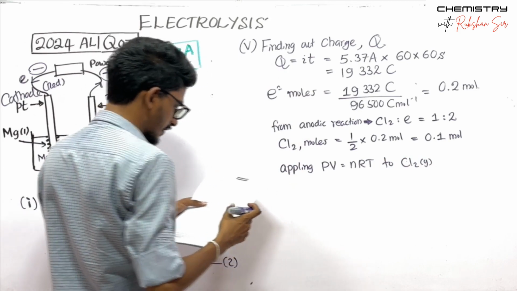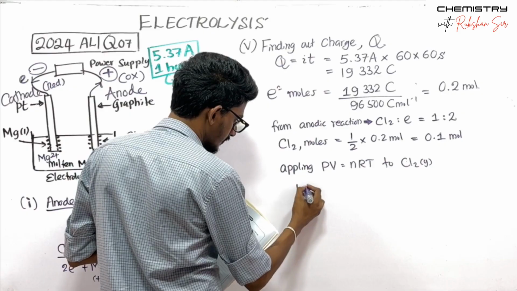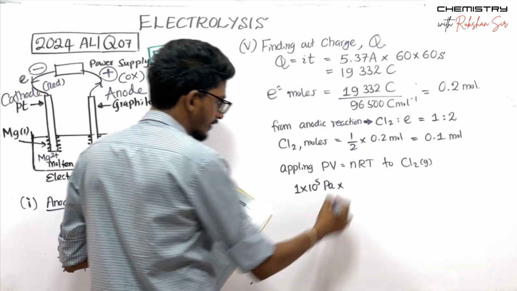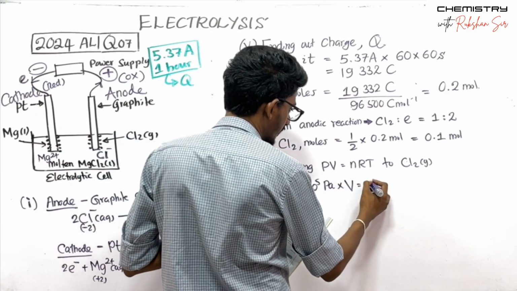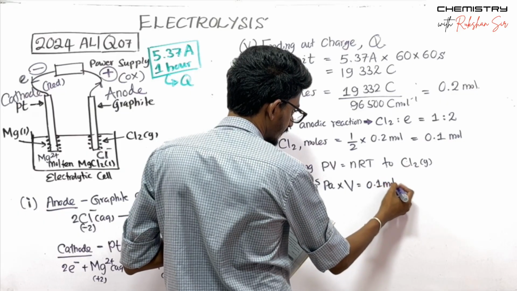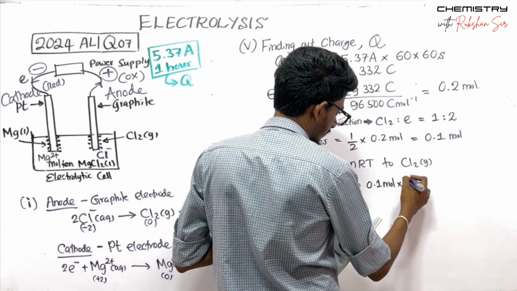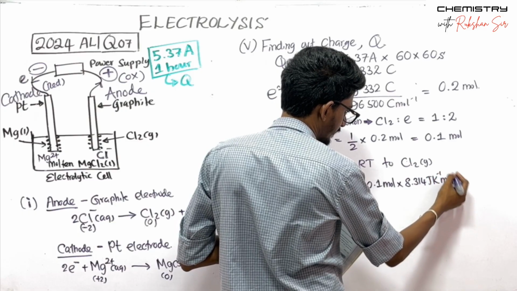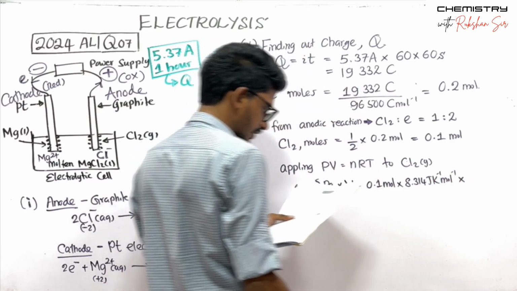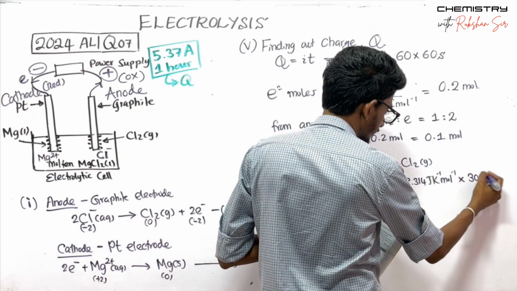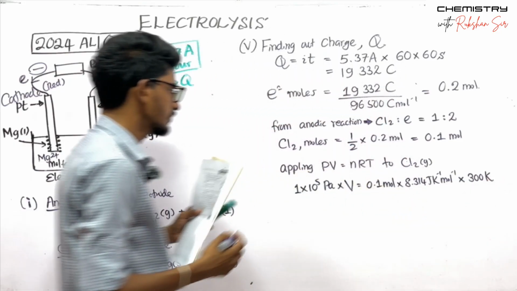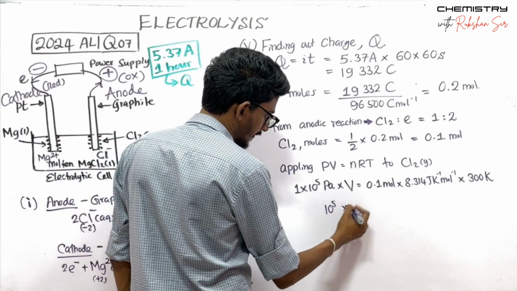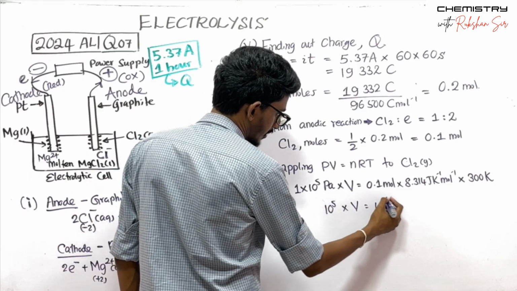So pressure is given as 1 atm. We have to substitute with the SI units. Volume, that is what we need. Number of moles is 0.1. The R is 8.314 joules per Kelvin per mole. Temperature is given as 300 Kelvin. So we can simplify the stuff. 10 to the power 5 is there, V is there, 10 to the power minus 1 here.